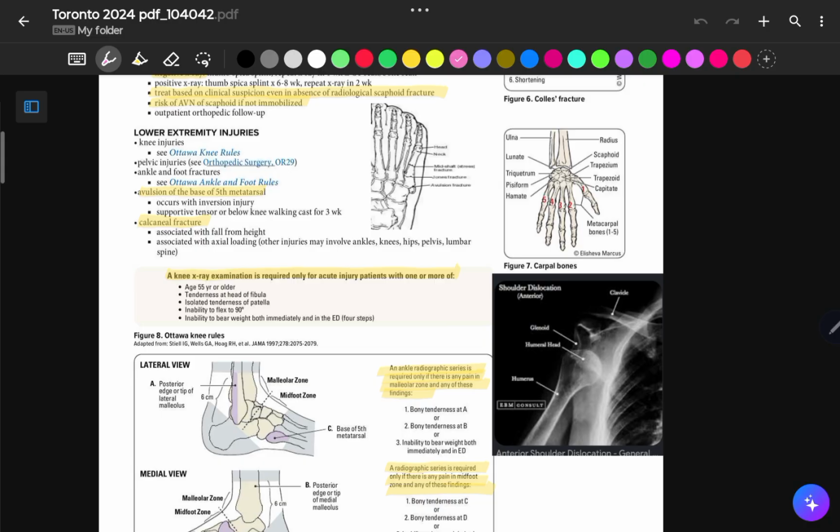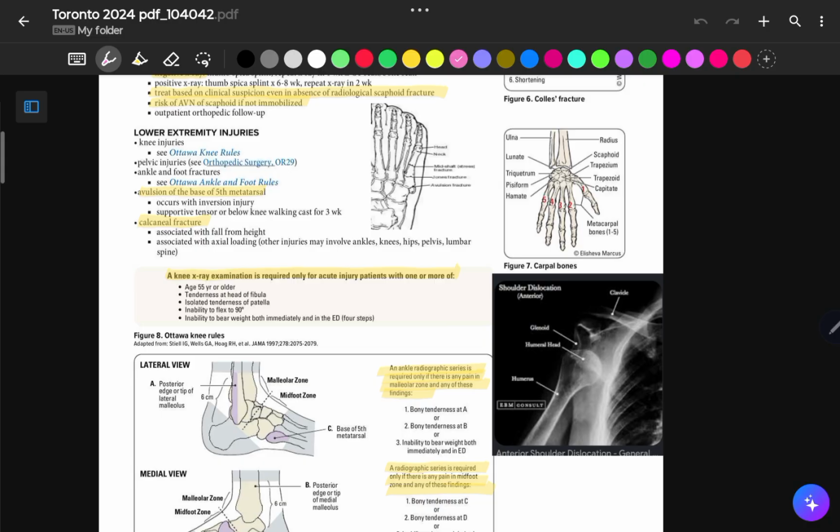What about the calcaneal injury? Calcaneal injury is actually associated with a fall from a height. It is usually associated with other injuries involving the ankle, the knee, the hips, the pelvis. So if you have a calcaneal injury, think that this patient had a fall from a height, and look for other injuries as well.